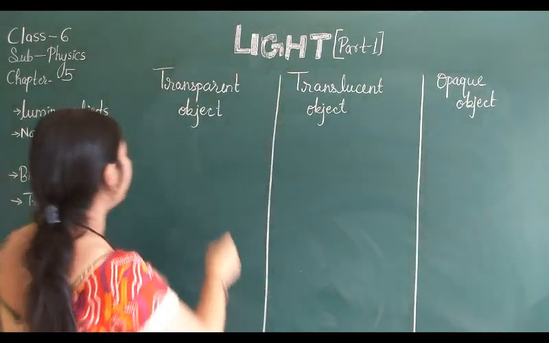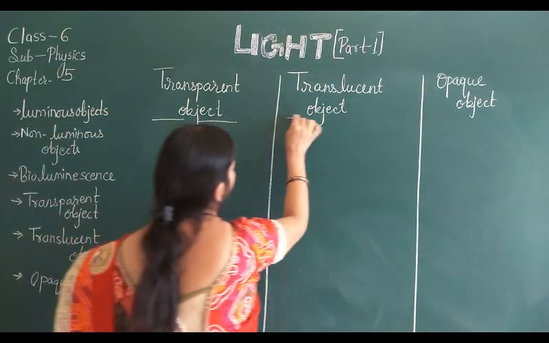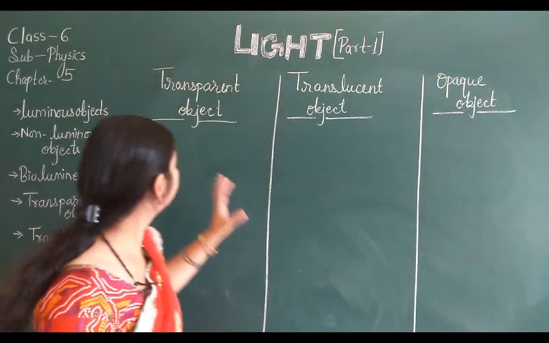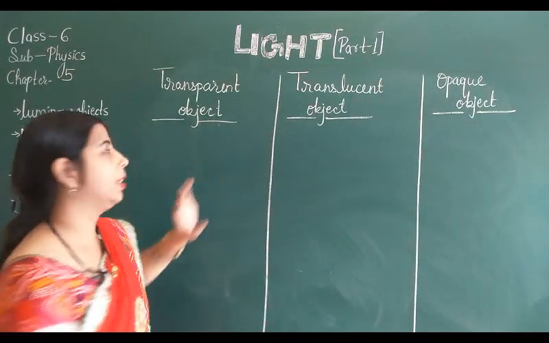That means there are these three types of different objects, and this is how light behaves with them.